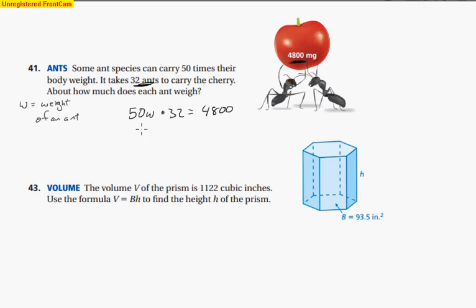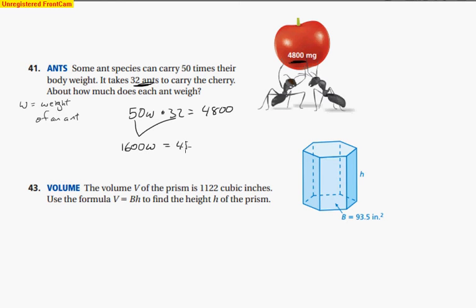And so from this point, we could go ahead and do some division, or actually we'll go ahead and multiply first. When I multiply these, I'm just doing 5 times 32 and then adding the 0. So I'll add the 0 right now. 5 times 2 is 10. And then 5 times 3 is 15, plus 1 makes 16. So 1600W equals 4800.